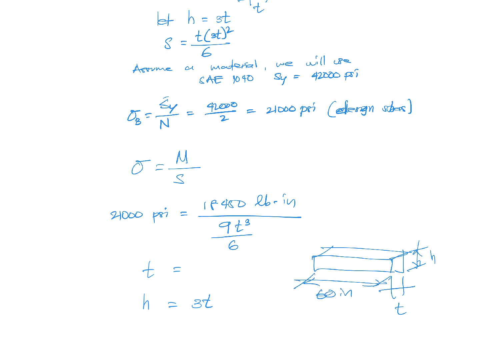So that completes the design process for the bar supporting the gear. The thickness that we have calculated from here will give us 0.837 inch.